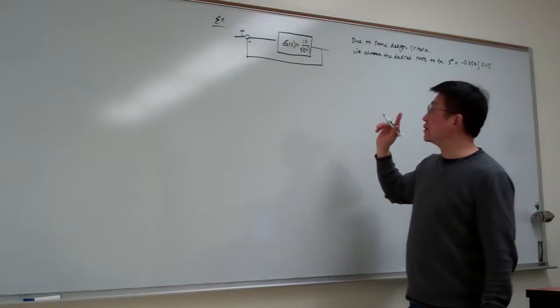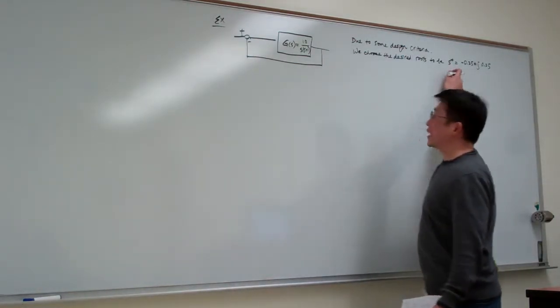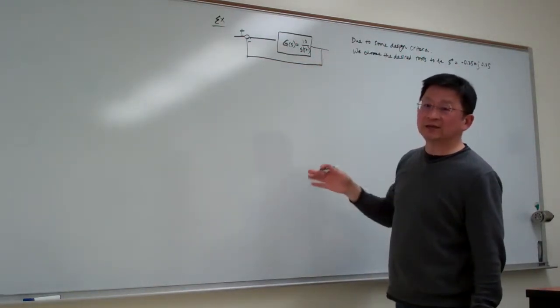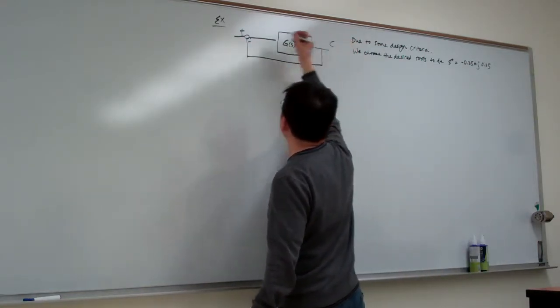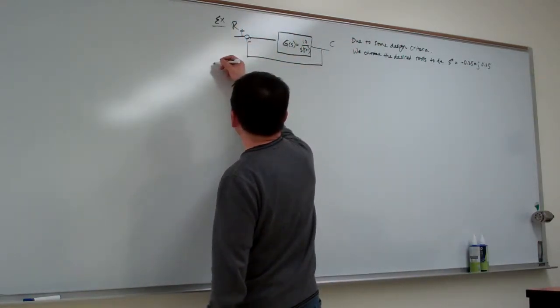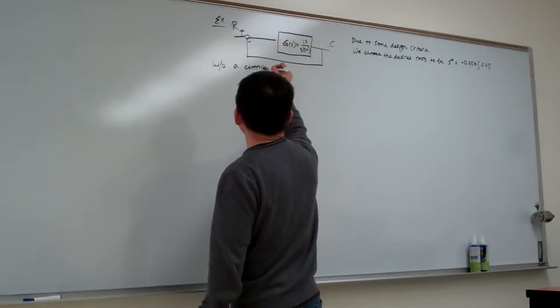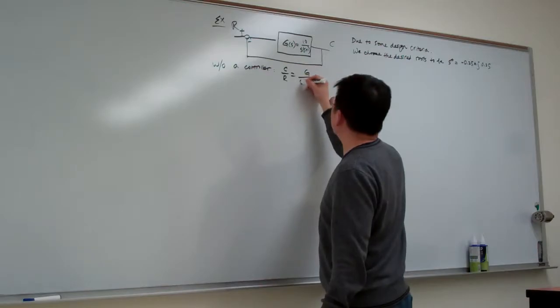Then the first thing we want to check is whether this desired point is on the root locus. If the answer is yes, then we're done. So this is for the system without a controller, and C over R is G over 1 plus G.